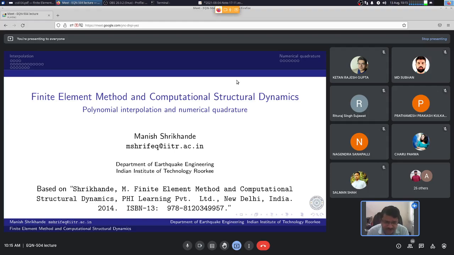For cubic Hermite interpolation, if you recall, we had insisted on continuity of the function value and the first derivative of the function. So these provided the total number of four conditions to fit a cubic polynomial.